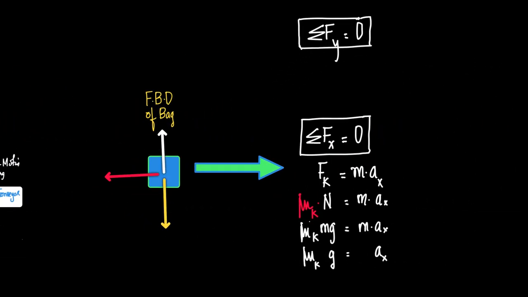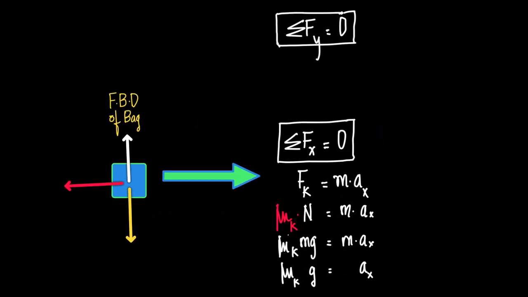Now, if I draw the free body diagram of the bag, what are the various forces acting on the bag? The first force definitely would be the normal reaction on the bag due to the conveyor. The second force would be the weight of the bag, which is acting downwards.